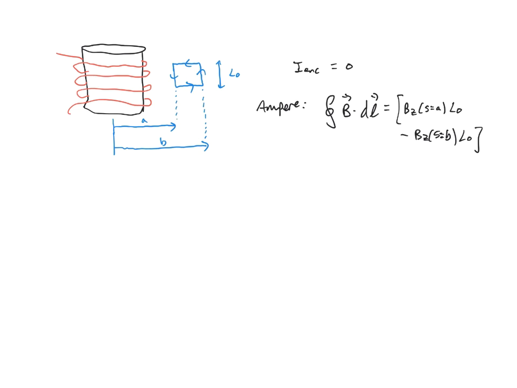The horizontal bits of the box don't contribute because we only have a magnetic field in the z direction. And by Ampere's law, we equate these two things, so this thing must be equal to 0, and therefore we know that the magnetic field at a is equal to the magnetic field at b. And this argument applies anywhere outside the solenoid.